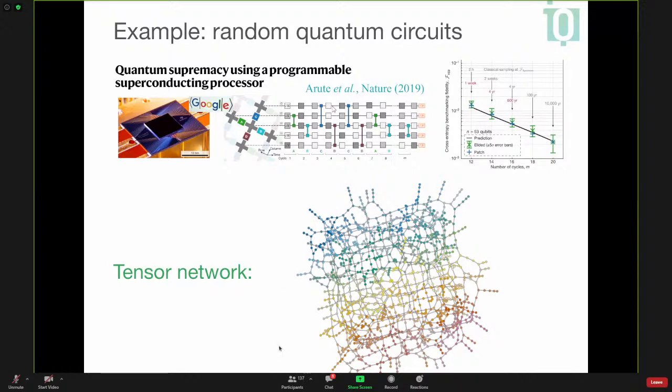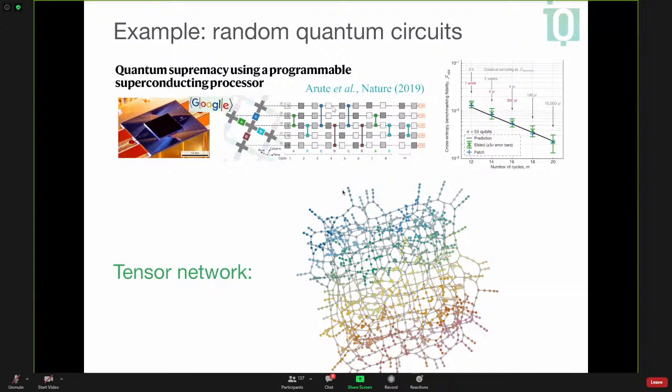And so this is what I'm showing you here. This tensor network at the bottom is an actual circuit, one of those simulated by Google. And you can see that it looks rather random. It looks unstructured, okay? And so you can see here at the outer part of this graph, you see these single leg tensors.